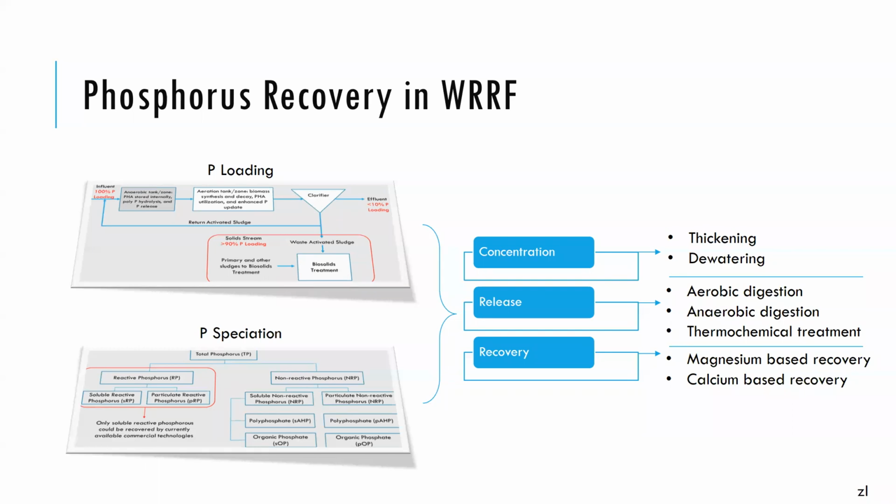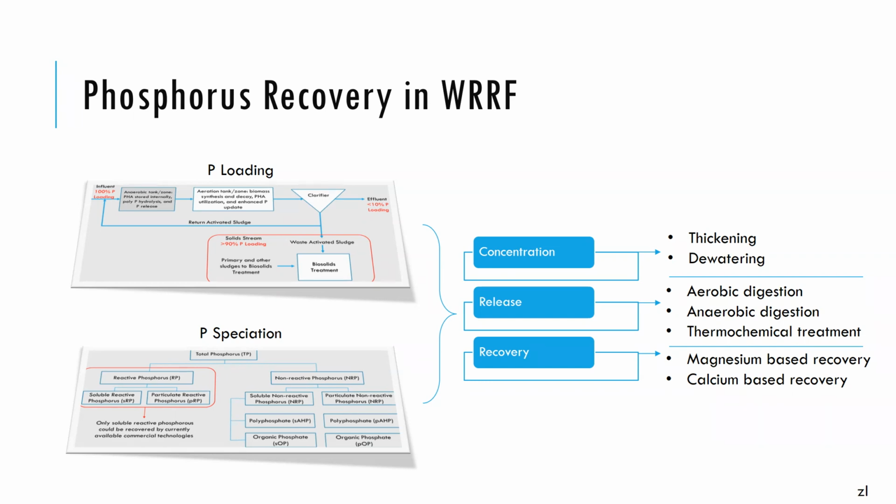In the last 10 years, the Water Research Foundation has spent quite some effort to discover the general framework to recover phosphorus from water resources recovery facilities, or a typical wastewater treatment plant. In general, there are 3 steps to effectively recover phosphorus from the biosolids in the WRRF.